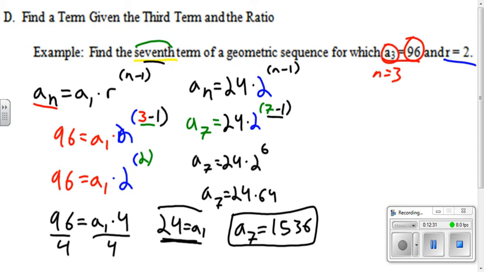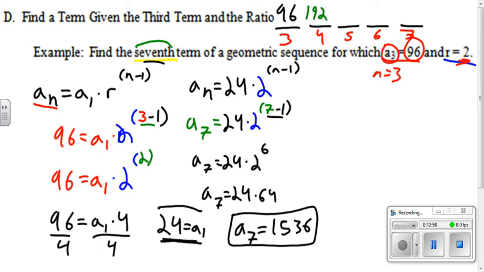So our 7th term is 1536. Now again, we could have started with 96 and said, okay, that's our 3rd value, 4th, 5th, 6th, 7th, with an r of 2. So 96 times 2 would give us 192.